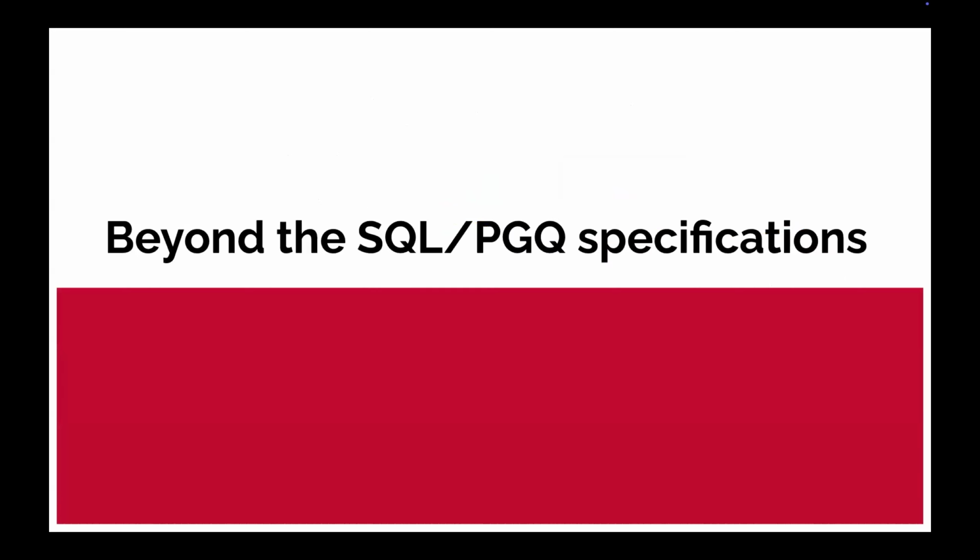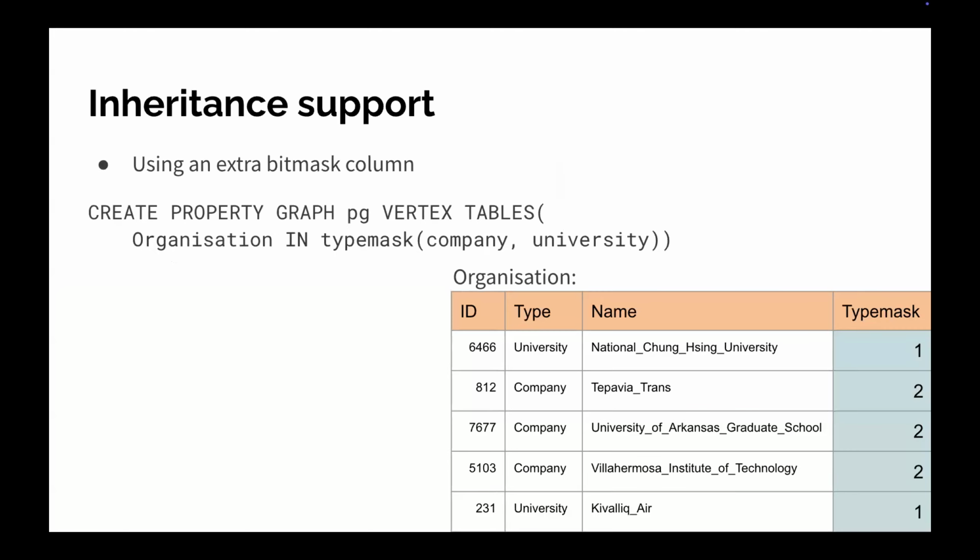I want to highlight a couple of things that we do, or that I want to do at least, that go beyond the SQL PGQ specification. I don't know the specification by heart, so if I miss something, apologies. One thing is that we support inheritance. This is a toy example on the right here.